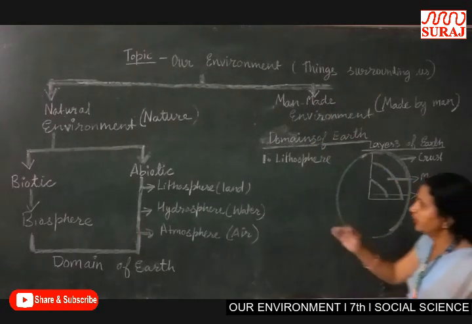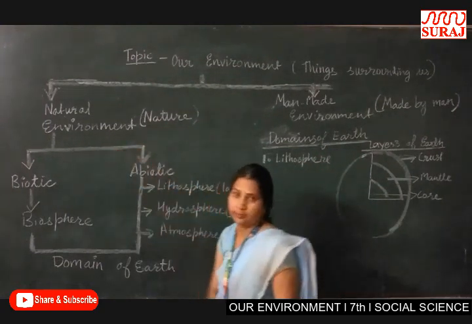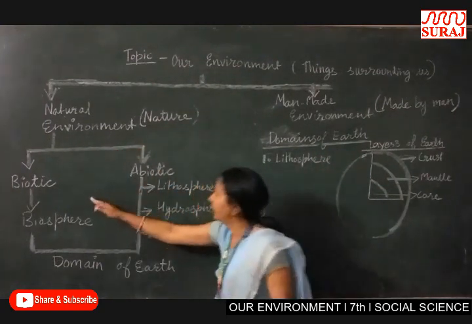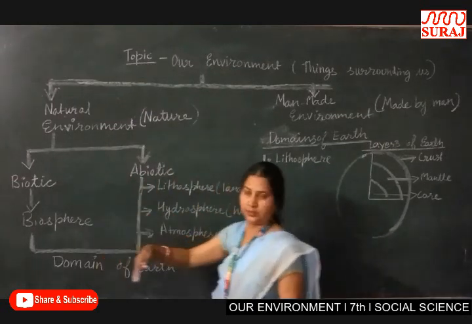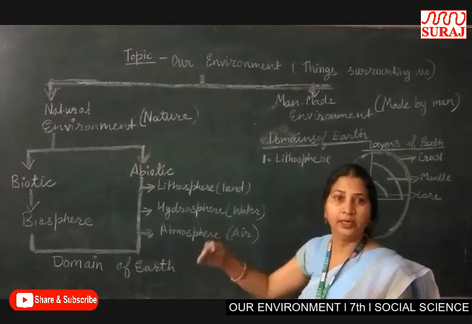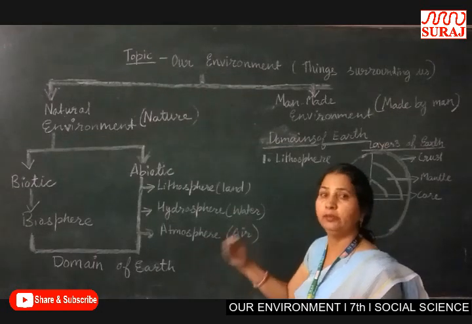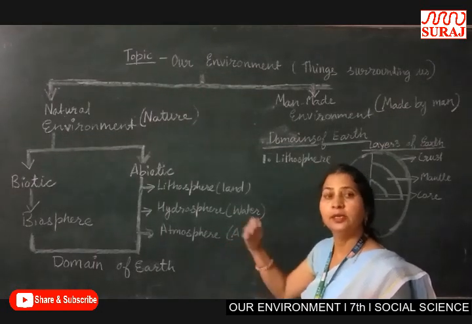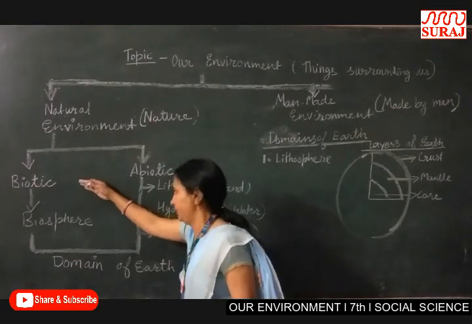Now I am explaining how natural environments have two types: biotic and abiotic. Biotic means the living organisms, all living organisms or living things we get from nature, and it is called the biotic environment.